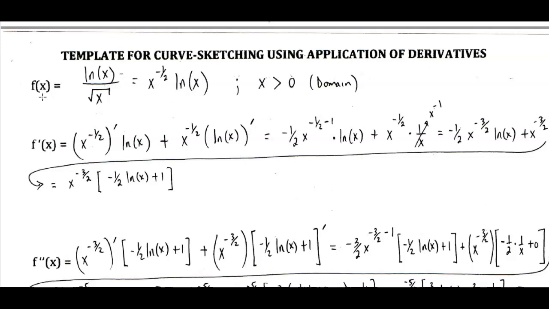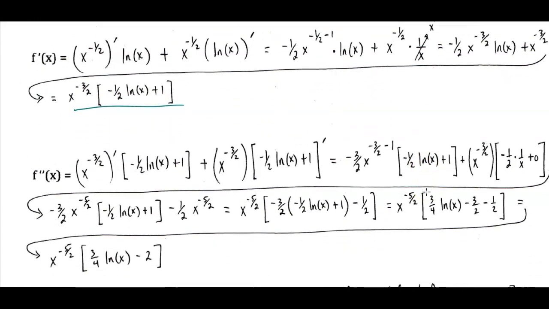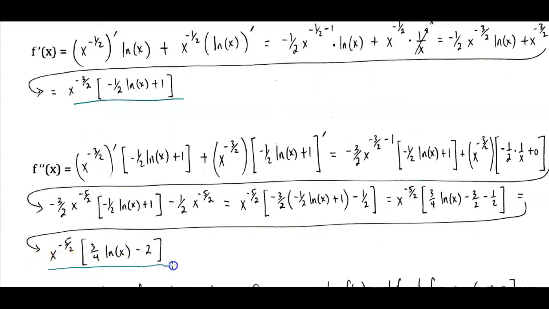And notice here that since I know that natural log of x domain is x is greater than 0, and square root of x in the denominator would have a domain of x is greater than 0, I know that the domain of this function is only going to accept positive numbers. And so thus, I go through the process of finding the first derivative, which is this. Do that again to find the second derivative, which is this.